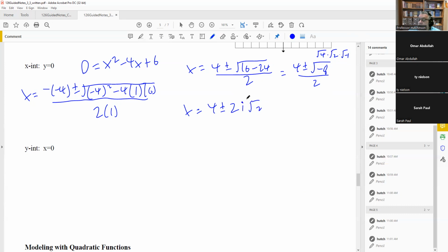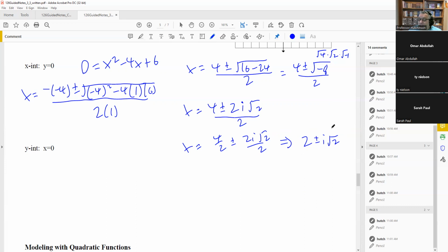So we'll write it this way, 2i square root of 2, and then we're dividing all this by 2 in the bottom, so we can split this up: 4 over 2 plus or minus 2i root 2 over 2, and that's going to give us our final answer of 2 plus or minus i square root of 2. Okay, so that's what we get by simplifying all that.